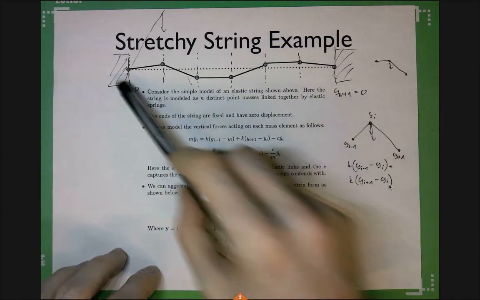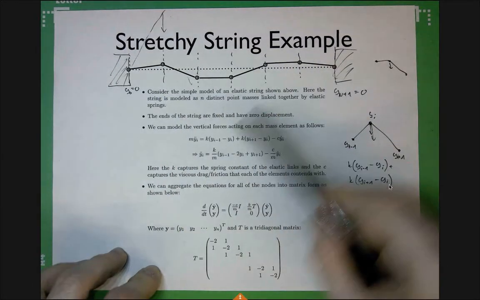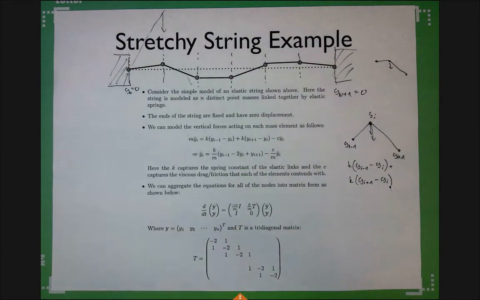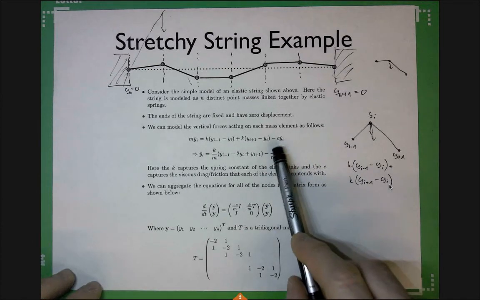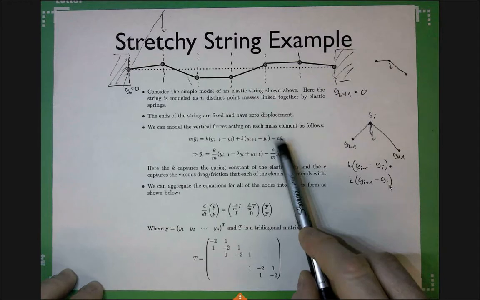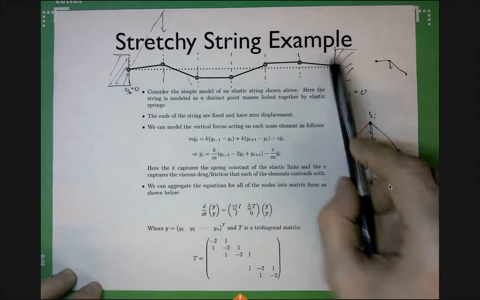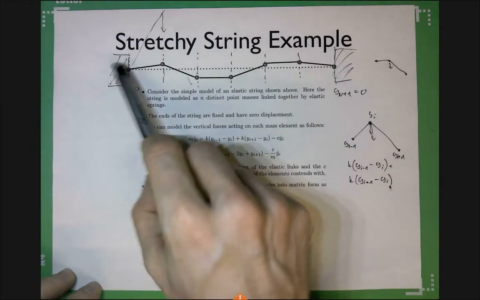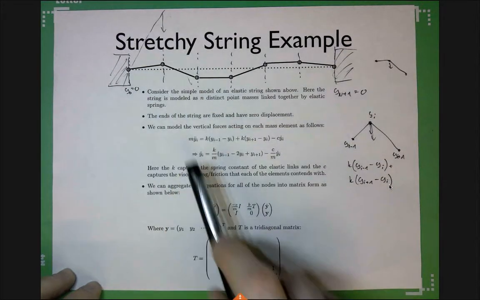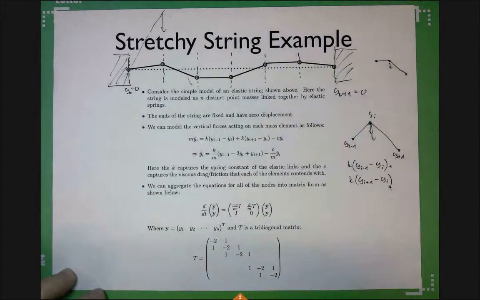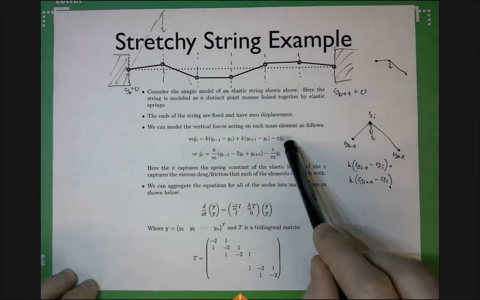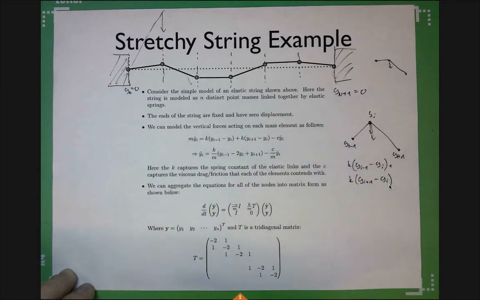We assume this is not in a vacuum, but in some environment that resists velocity, so there is a force acting opposite to velocity. Here y_i dot is the velocity of every point. The velocity at the endpoints has to be 0 because they are fixed, but the other points will be moving. That's the cool thing: we will be simulating the dynamics, and there is a force that opposes that motion.